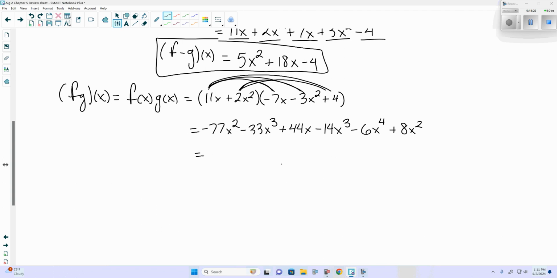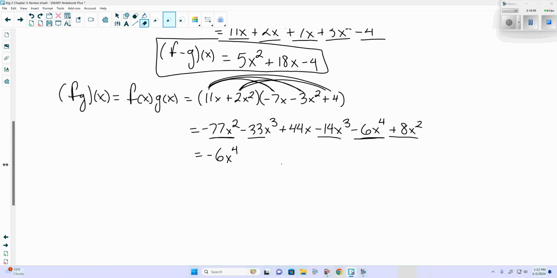Now we need to combine like terms. So we'll start with the variable with the biggest exponent, which would be our negative 6x to the 4th. Then we would do our x squared terms. Negative 77x squared plus 8x squared would be negative, well, I got ahead of myself. Because before our x squared, we need our x cubed.